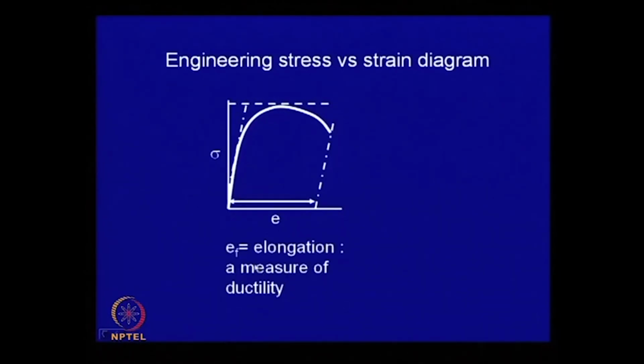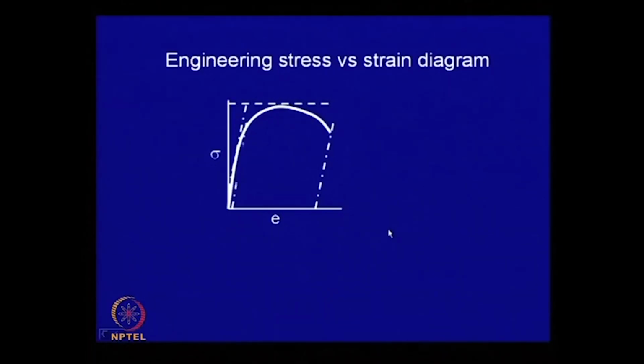This is a measure of ductility. Change in length, that is, length at fracture minus original length, divided by original length, will give you percent elongation at rupture.